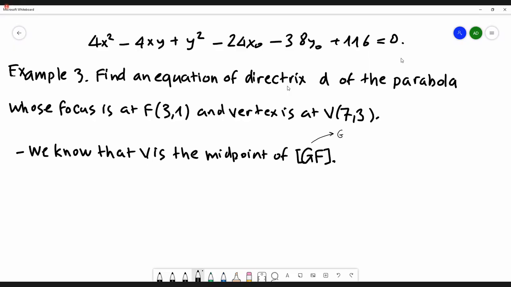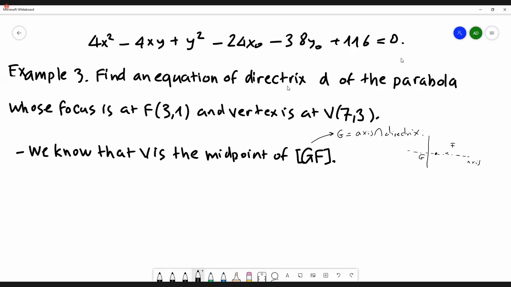G is the intersection of the axis and directrix. And for the parabola, if this is the directrix and focus, the line perpendicular to the directrix and passing through the focus is the axis, and this point is G, and the vertex passes through this point, through the midpoint.